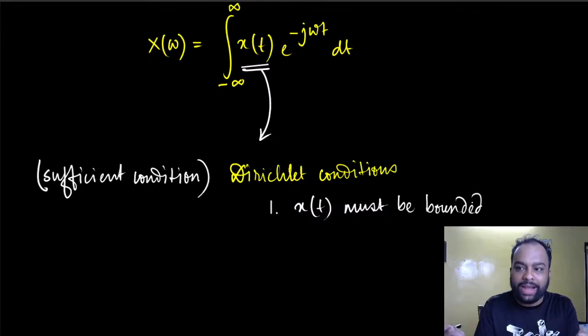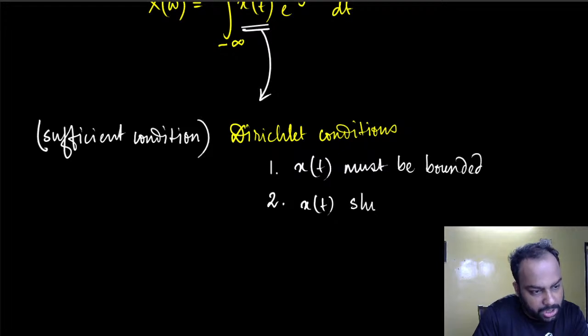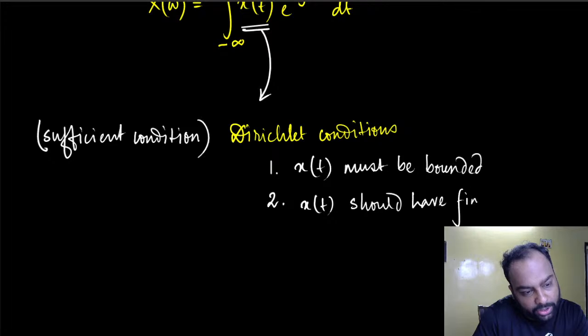At no point in t is the signal allowed to go to infinity. Something like that is not allowed. Two, x(t) should have a finite number of finite discontinuities.